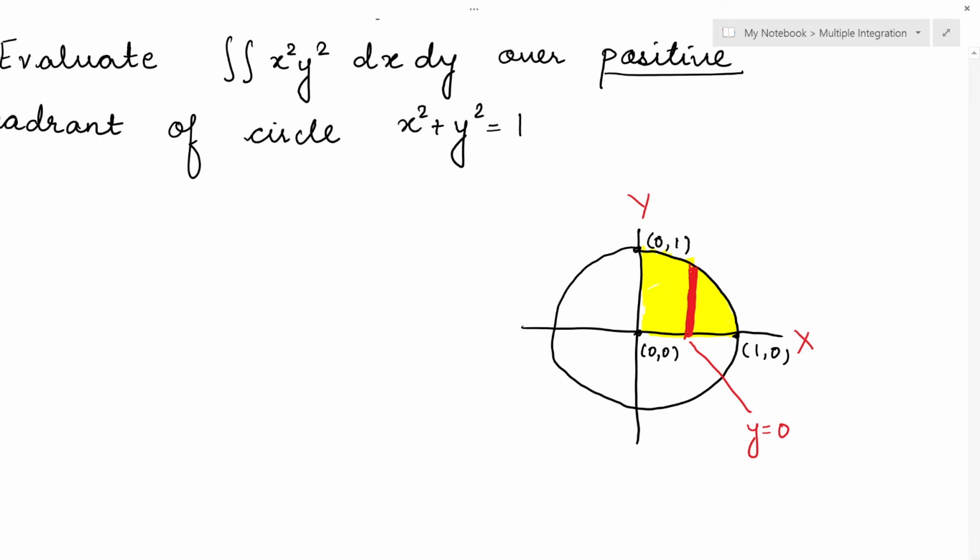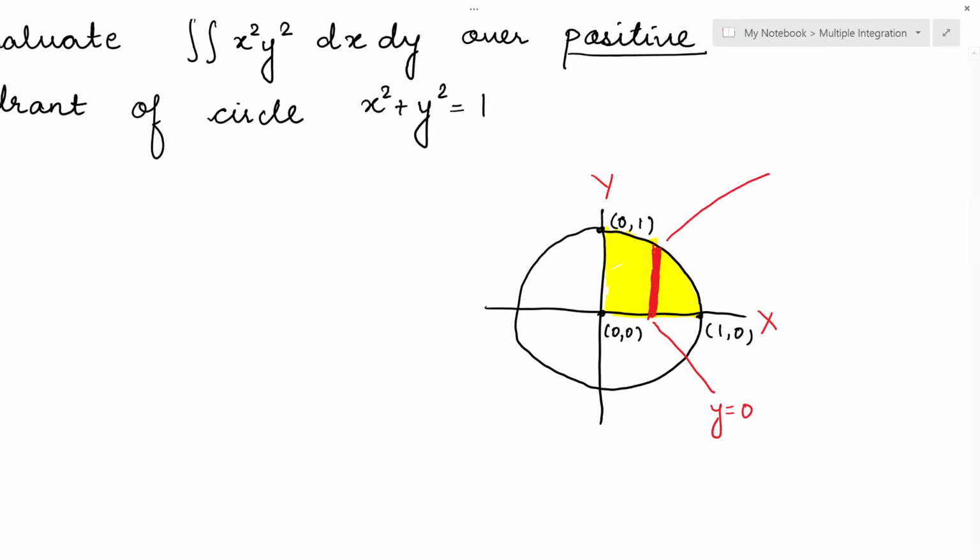And the upper end is the circle. What is the equation of the circle? Given to us, x square plus y square is equal to 1. Since the strip is parallel to the y-axis, it is a vertical strip, so we need to find the value of y from this curve. Let us simplify the curve and get the value in terms of y.